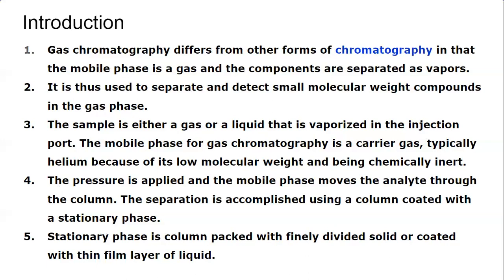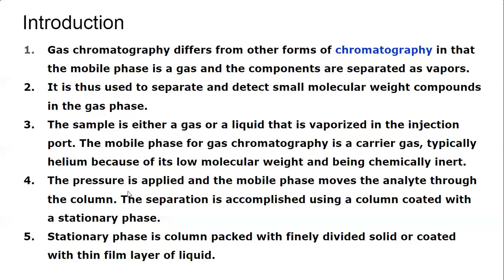In previous techniques, we first introduced the sample solution followed by the mobile phase. But here we introduce the sample and the mobile phase separately but simultaneously, and we pass these two combined through the column.